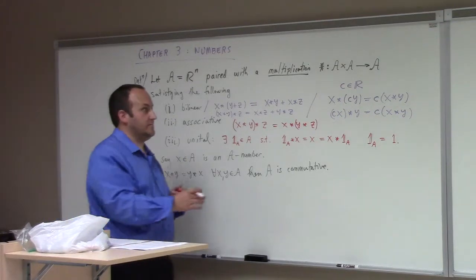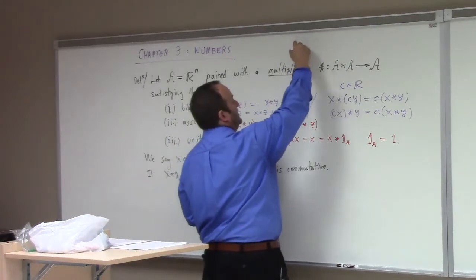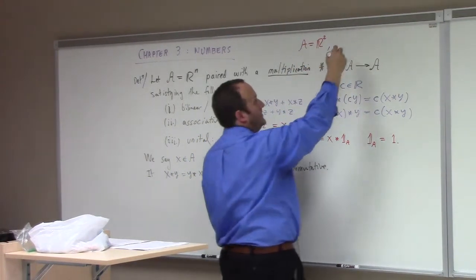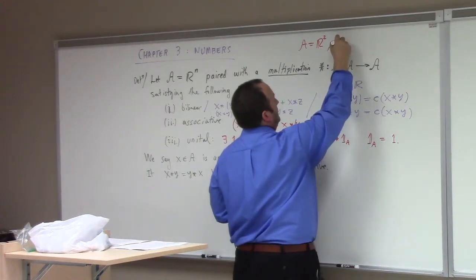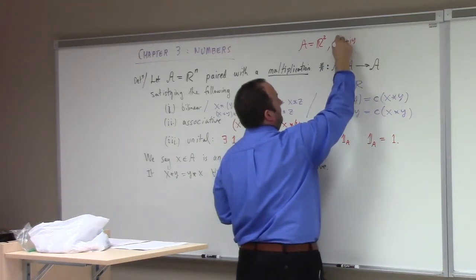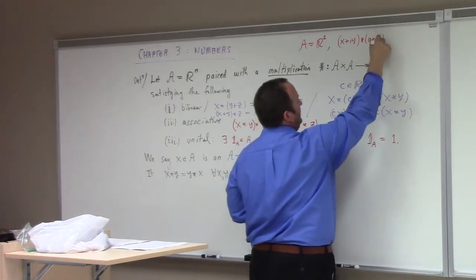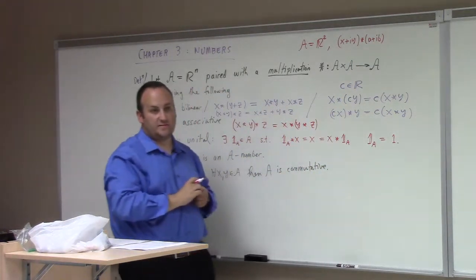All right, so like complex numbers, we just put A equals R2, right? And if we have x plus iy times a plus ib, that's what I talked about in previous classes, right?